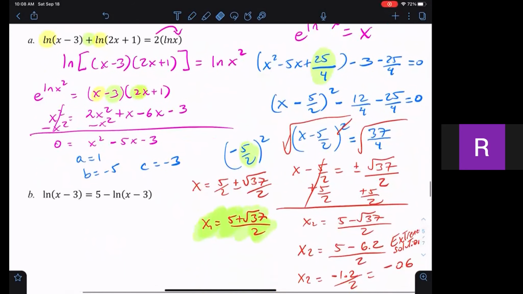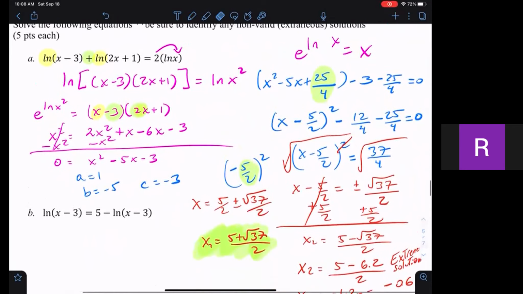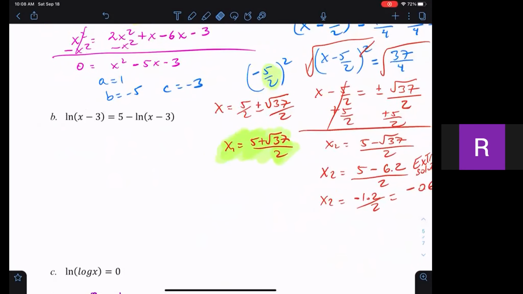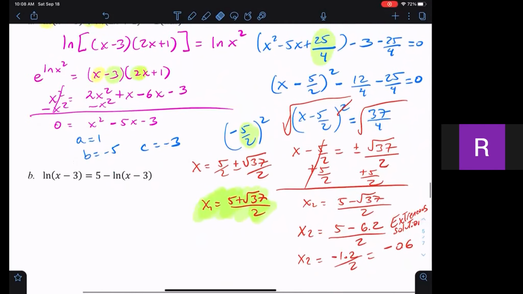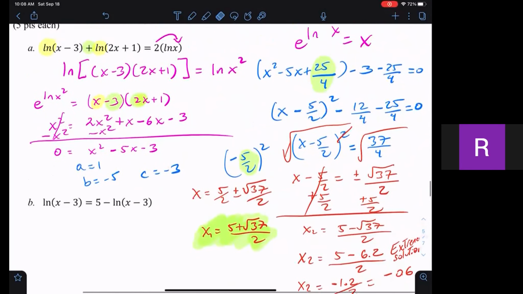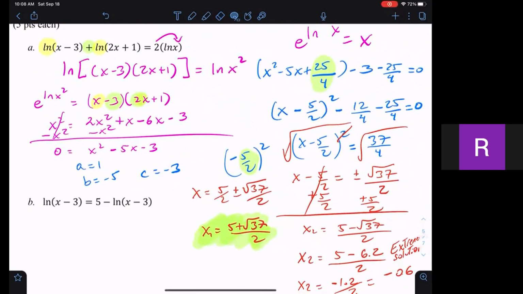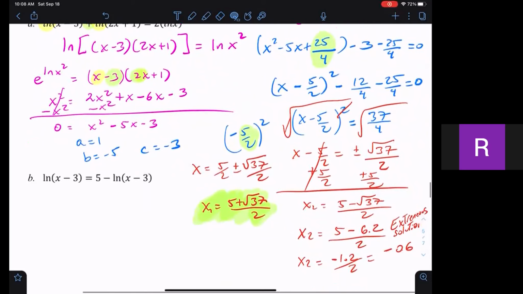Okay. So let's continue. The next one, I'm going to move this a little bit up because I have room right now.